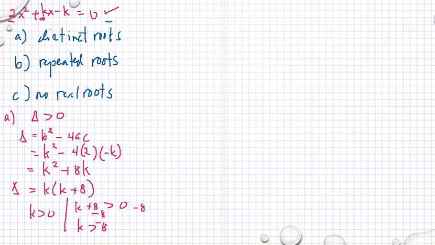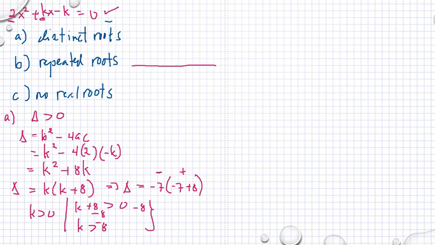So if we try negative 7, our discriminant will be negative 7 times negative 7 plus 8. As you can see, this one is negative and this one is positive, so it is not. You need to test if it's okay or not.